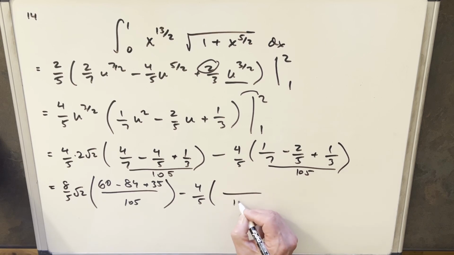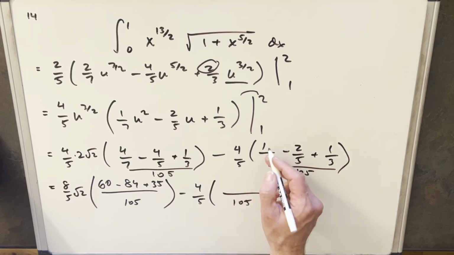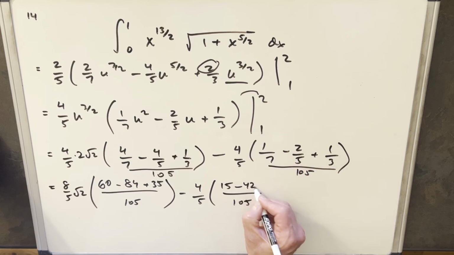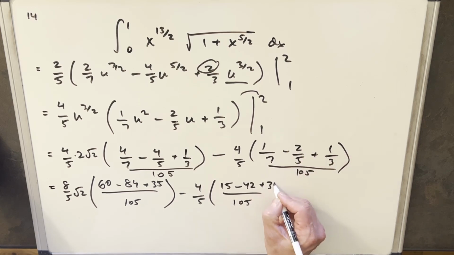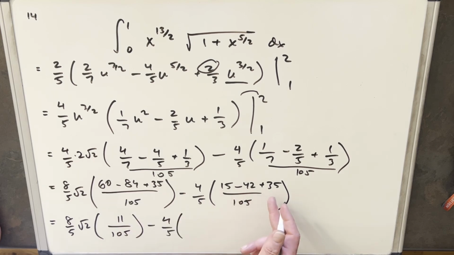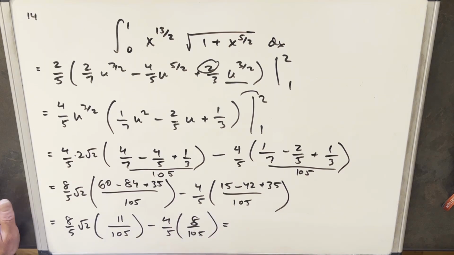Then next, again all over 105, we have 15 times 1, 21 times 2 is minus 42, and 35 times 1 is 35. If we add and subtract this numerator, we have 11/105 here. And for this one, 15 plus 35 is 50, minus 42 is 8/105.